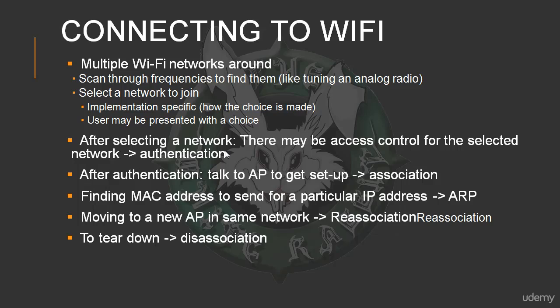Now, when we then moved, let's say, to a new access point in the same network, so you're just moving within the ESS, then you can just reassociate. But yeah, because basically an ESS, as far as the IP network is concerned, an ESS looks like one big local area network.